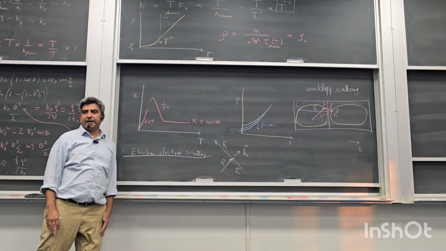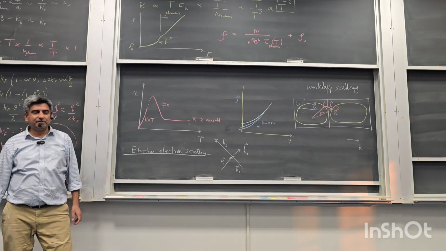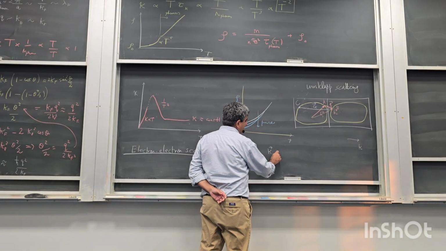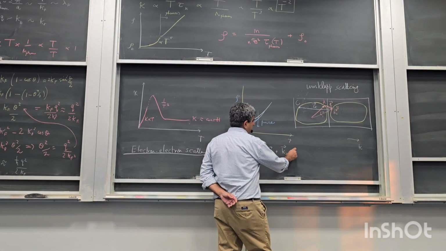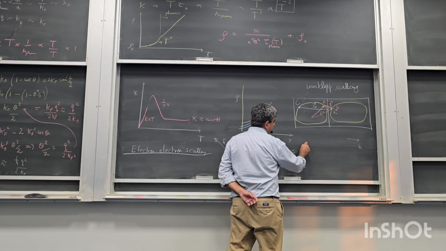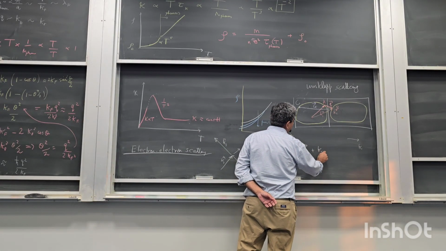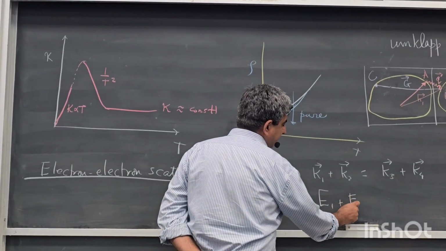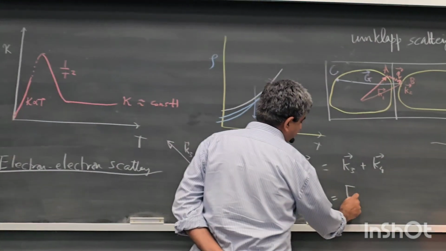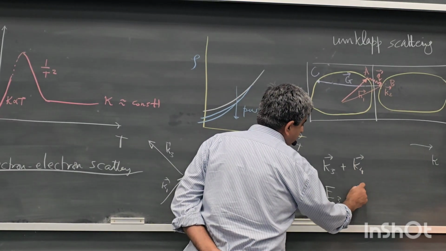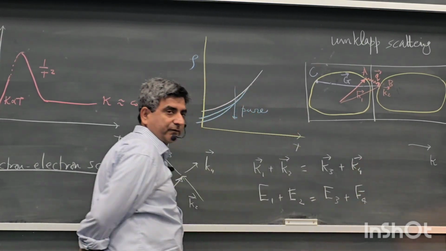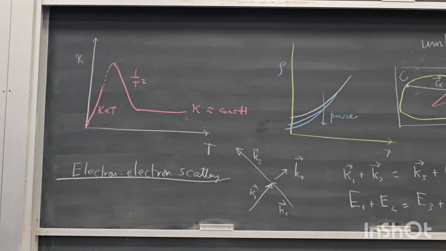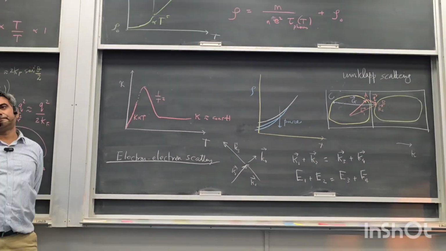Momentum and energies have to be conserved. So we know that k1 plus k2 must yield the same sum for the wave vectors, and the energies must be the same. It's an elastic scattering process. No phonon is involved. So we know that these two relationships must hold.